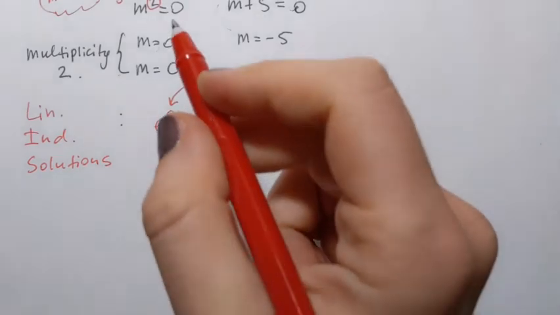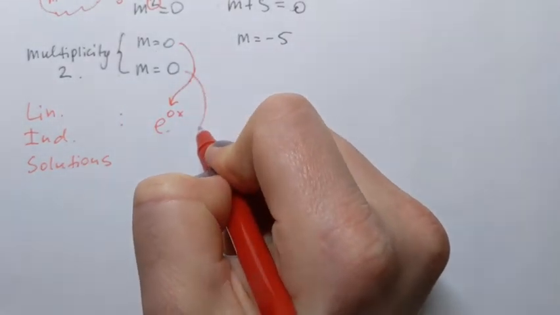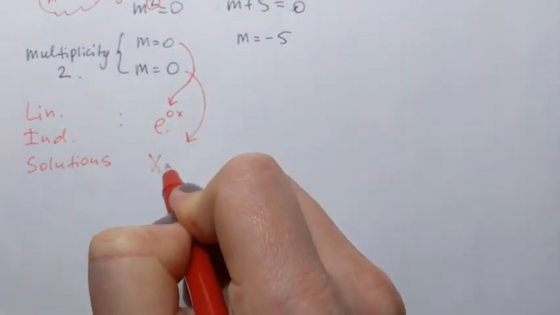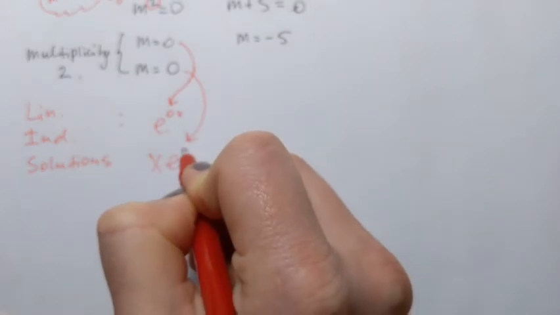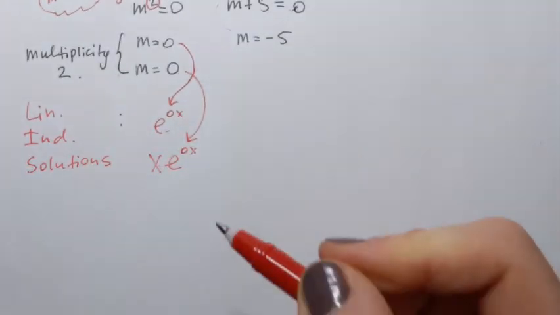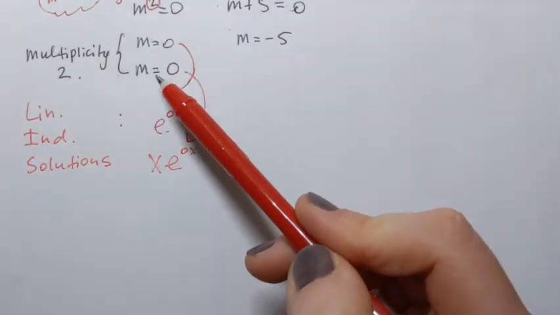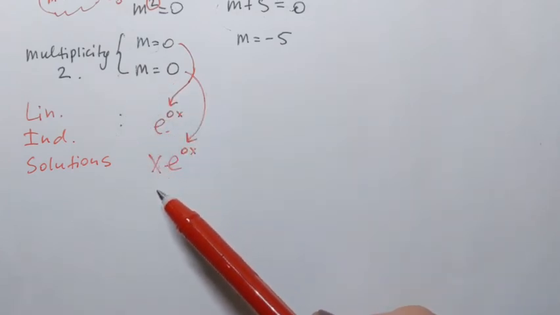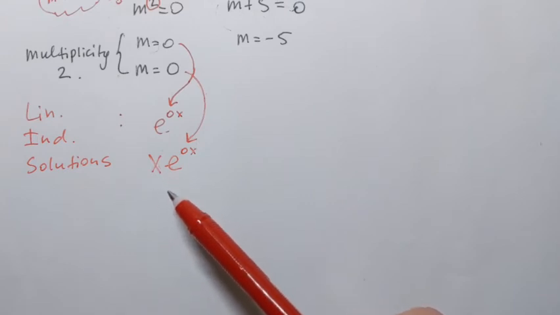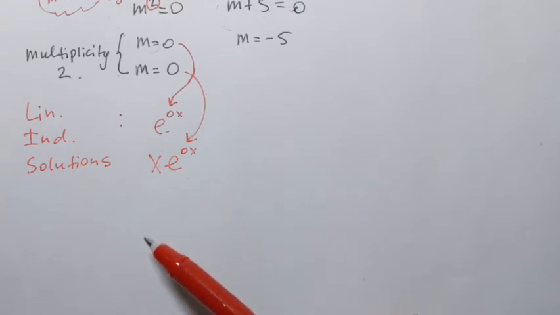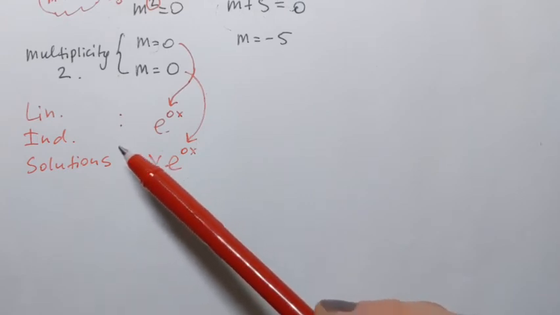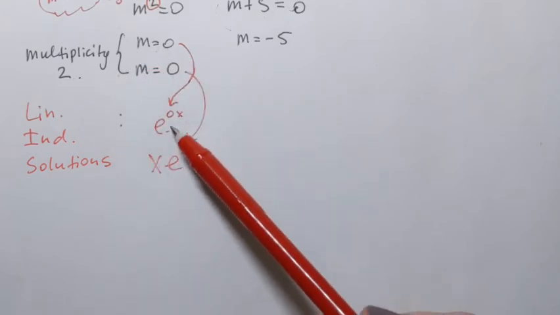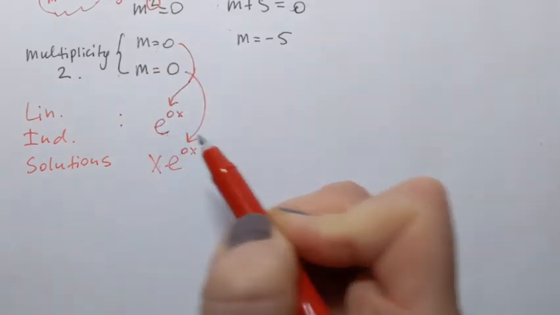So the second linearly independent solution will be x times e to the power 0x. Now, if we had, let's say, one more repeated solution, another 0, then we would continue and say x squared times e to the power 0x, and so on and so forth, depending on the multiplicity. So here we only have multiplicity 2, so that's how far we're going to go.